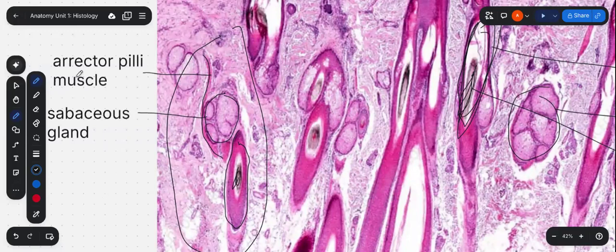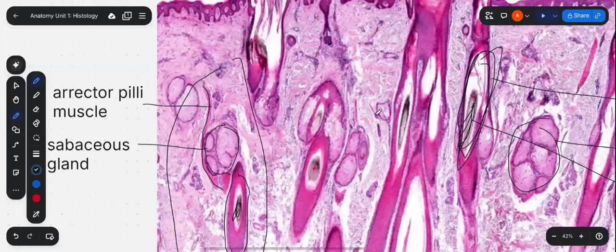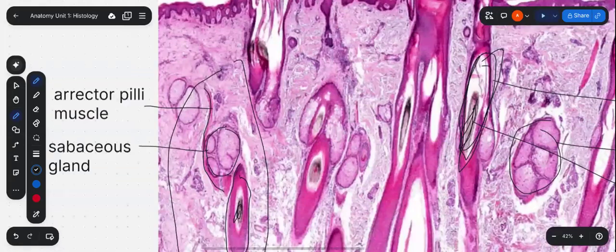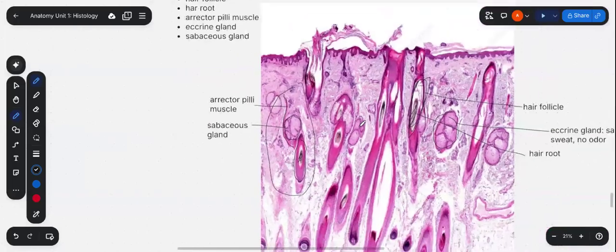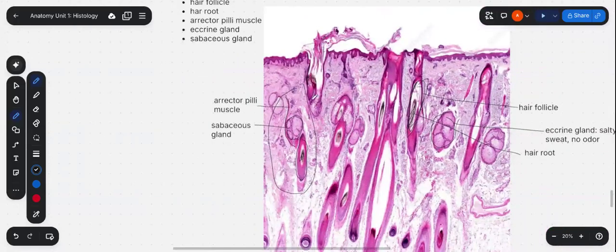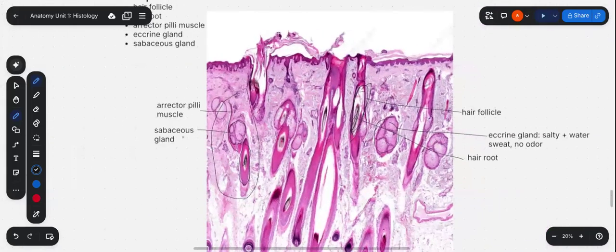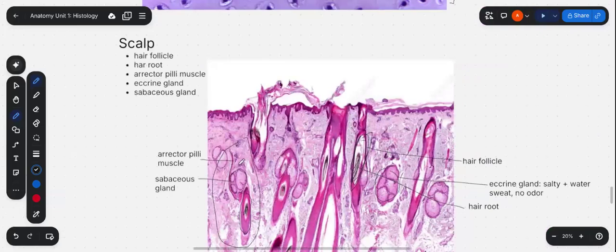So, this is a really cool muscle, and even though you can't see it well on the rest of the hair follicles, there is an erector pili muscle that is connected to every single hair. So, all of the hair on your body has a muscle attached to it, which I thought was really, really cool because it's so tiny and so minuscule.